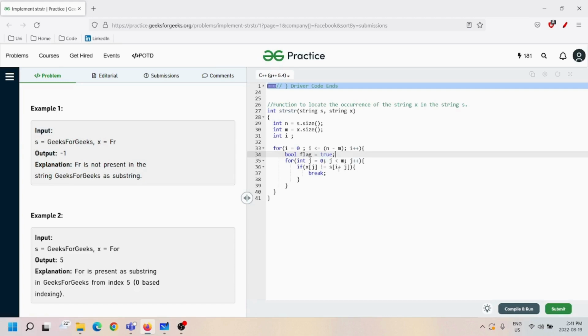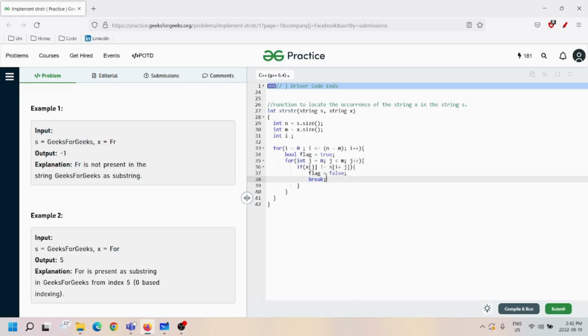But if you're not able to find it, then we say the flag is zero, I mean false. So this flag tells us whether we were able to successfully find this substring. If yes, then it's true. If no, then it's false. Whenever a mismatch occurs, it says that I'm not able to find it. And there is a typo I can see here, so it's flag.